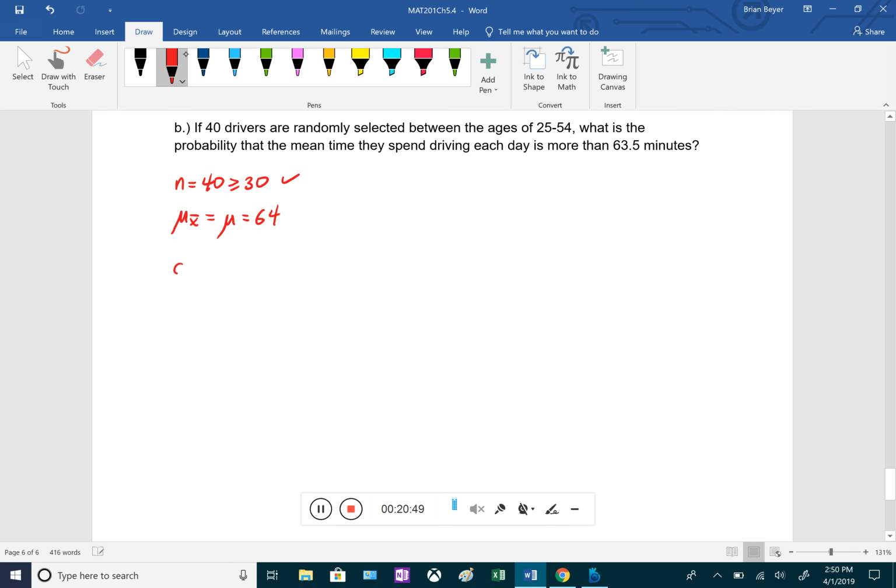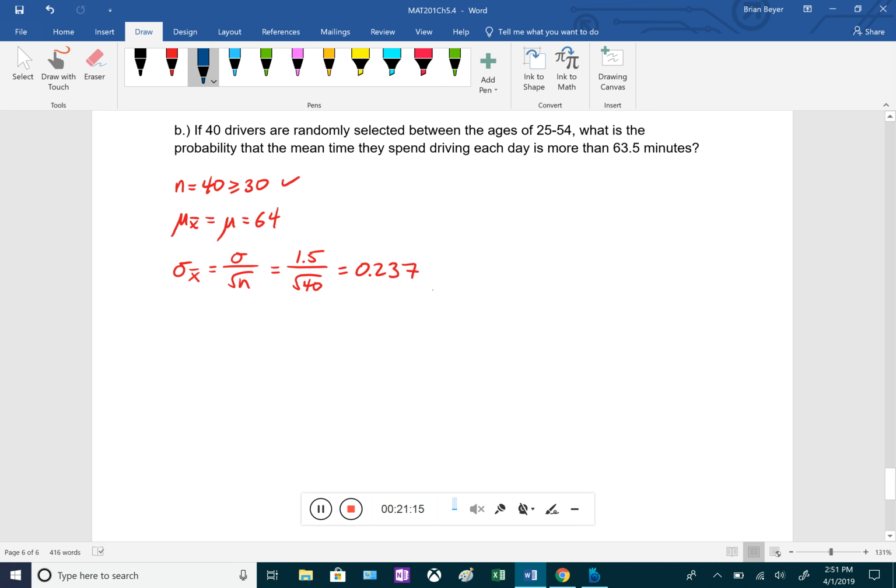And we need to calculate the standard deviation of it, which is sigma over the square root of n. Sigma, once again, for the whole problem was 1.5, and n here was 40. So 1.5 over the square root of 40, which is 0.237.